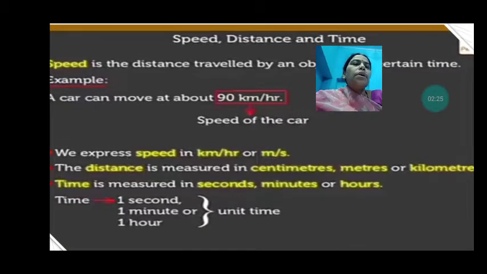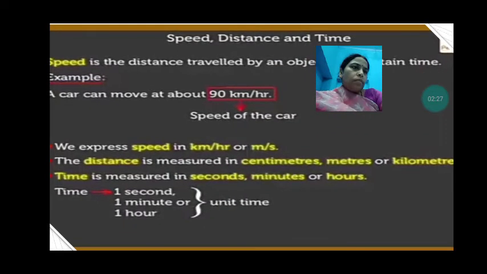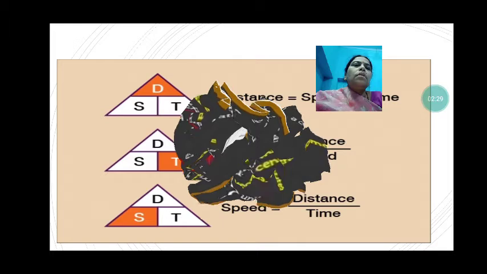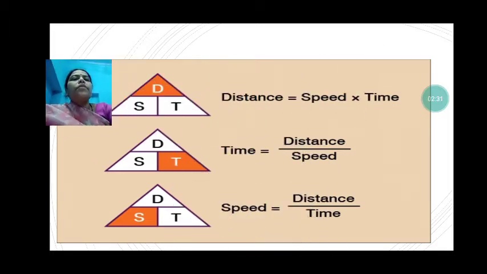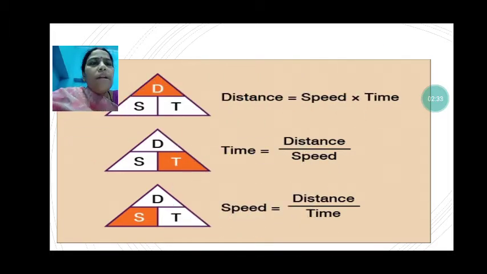Then we are going to read the formulas. The formula for calculating distance is distance is equal to speed into time. When we have to find the distance, we know speed and we know time, so we can calculate.